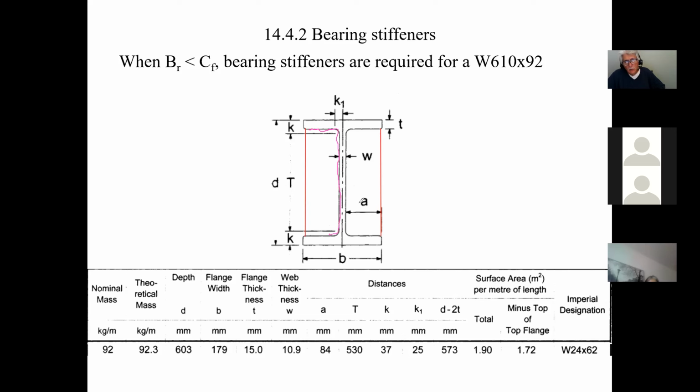What this is going to do is reinforce the web so that it doesn't yield and it doesn't crimple, and that's what you're doing. So this is all the information that you need in terms of the geometric properties. A W610 by 92 is a W24 by 62 in imperial. So that's where you get all the information.